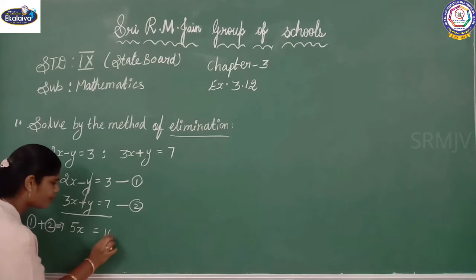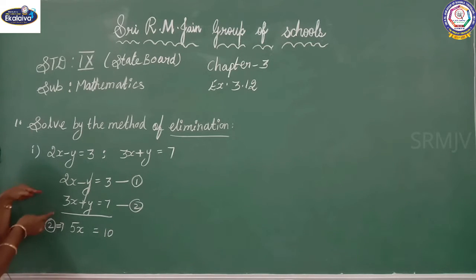10. I repeat this, I am going to add these two equations. 2x plus 3x, here x is common, just write it as it is, you add the coefficients alone. So 2 plus 3, what will you get, children? 5, so 5x.